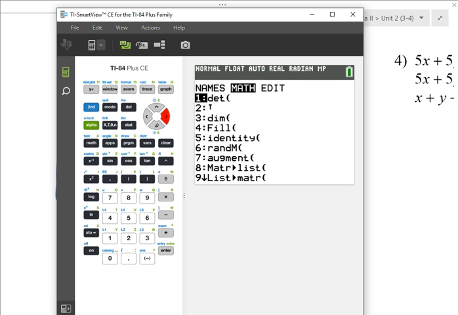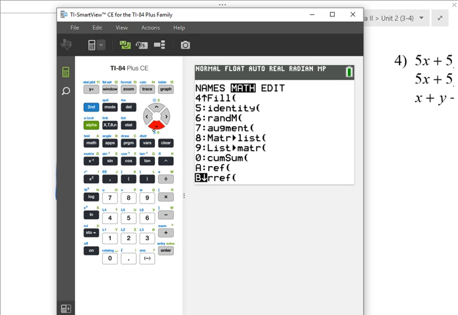And we need to scroll all the way down until we see something that says RREF. Not just REF, but RREF. So that's option B on my calculator. It may be option B on yours, or it might be a different one, but we're looking for RREF.